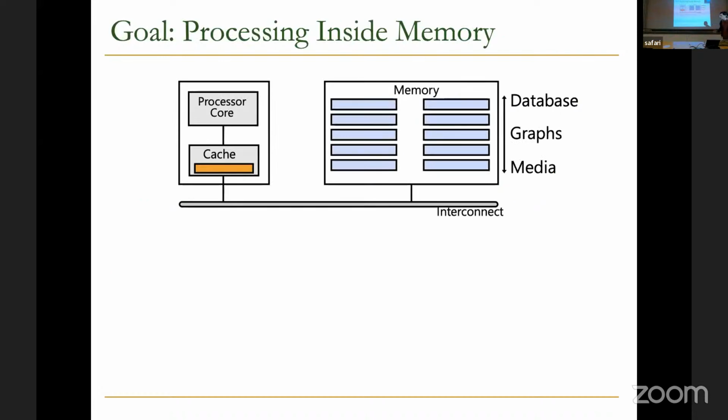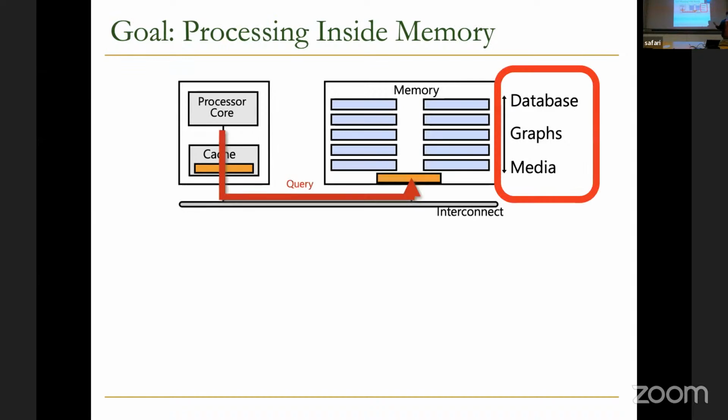The basic idea of processing inside the memory, or processing in memory, is pretty simple, right? On the left-hand side, I have the processor with its own on-chip memories, like the cache. On the right-hand side, I have the off-chip memory. The basic idea in processing inside the memory is to still execute most of the program in the processor core, but at some point, specifically for certain applications or certain operations that can benefit from this, we offload the computation to the memory side, assuming that we have some sort of compute capability there.